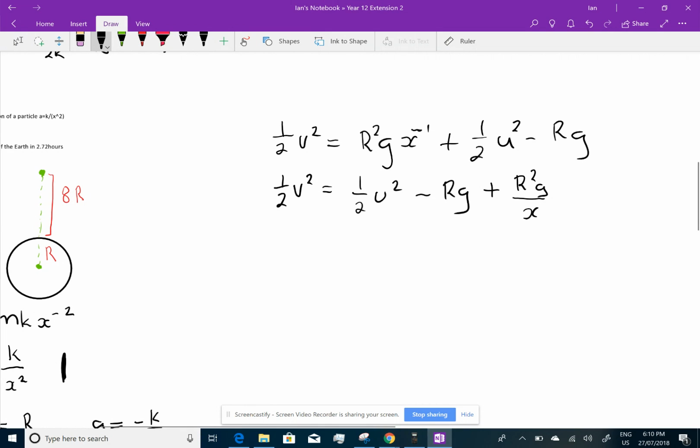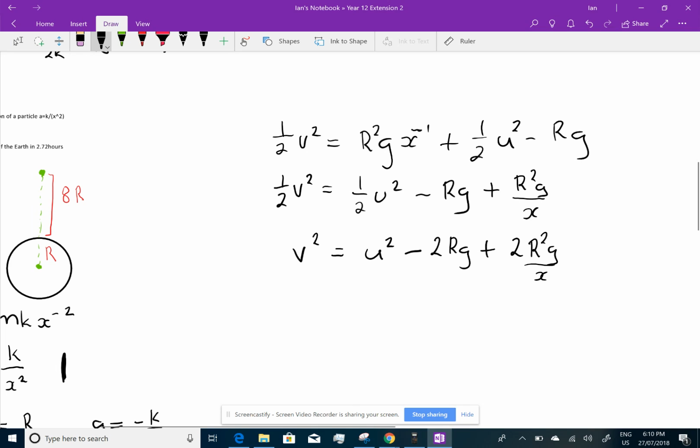Now, multiply by 2, v squared equals u squared minus 2rg plus 2r squared g on x.